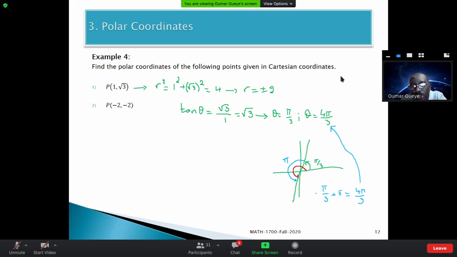So you see here, you have two values for r and two values for theta. Now, which value of r matches with the value of theta? So can we take 2 and 4 pi over 3?